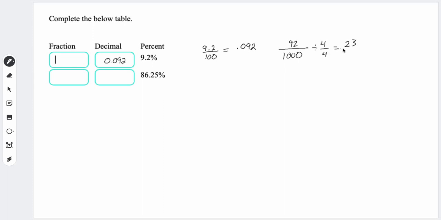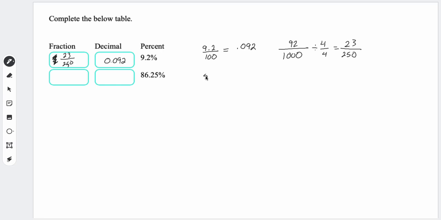It's 23. 1,000 divided by 4 is 250. And that's as far as we can reduce it because 23 is a prime number. So the fraction is 23 over 250. And this is not anything, it's just the cursor that was already there. So 23 over 250.